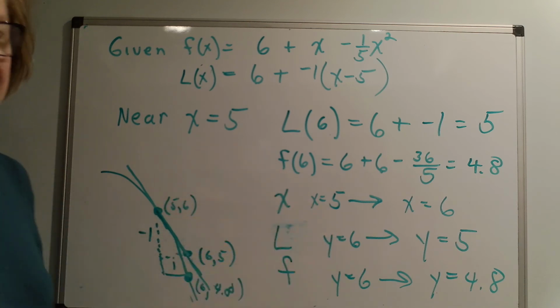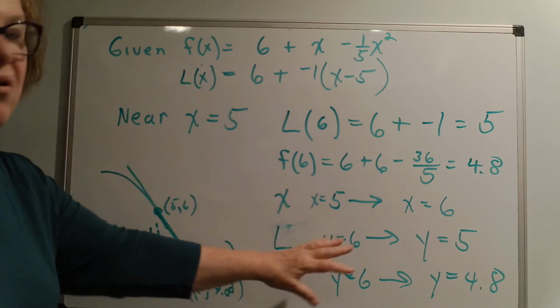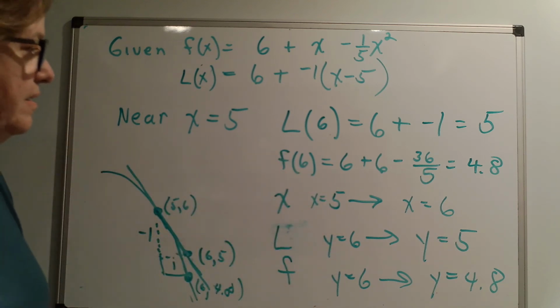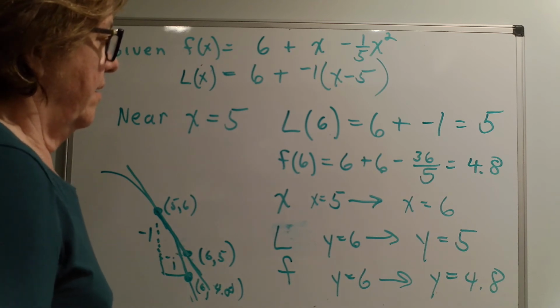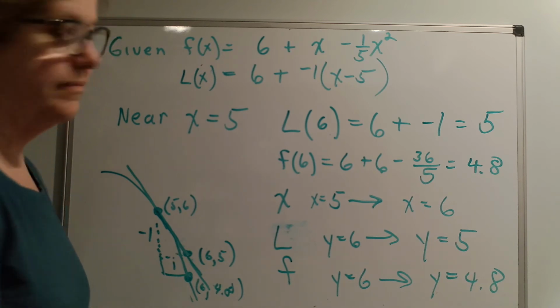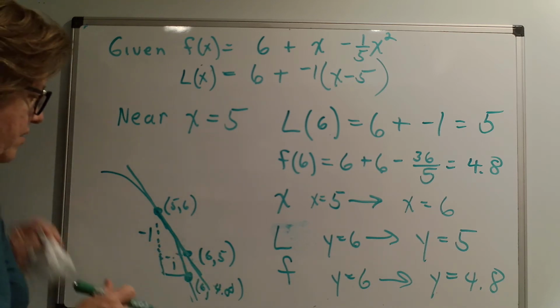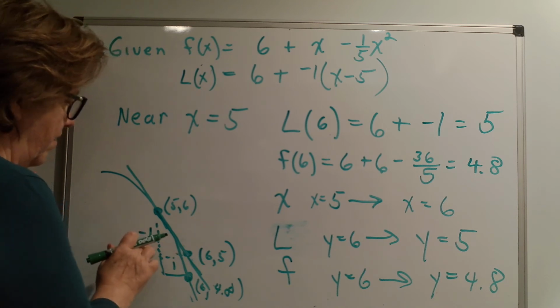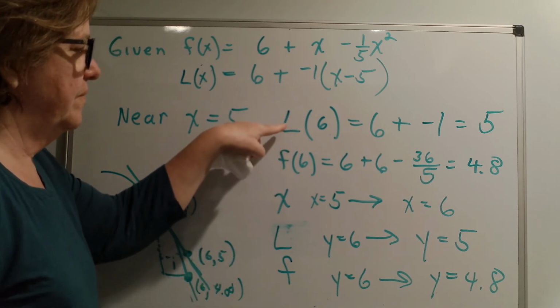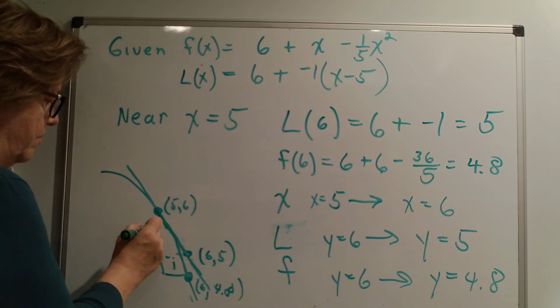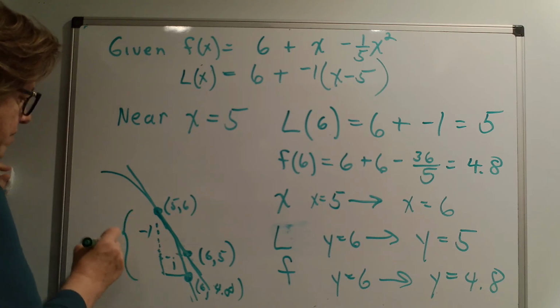Okay, so we need a language. We need to call these things something. Let me make some room. We know that the actual amount we went down in y was not -1, it was -1.2.